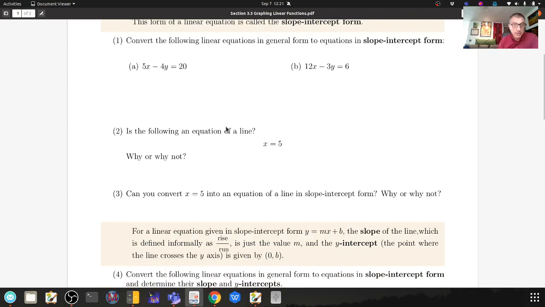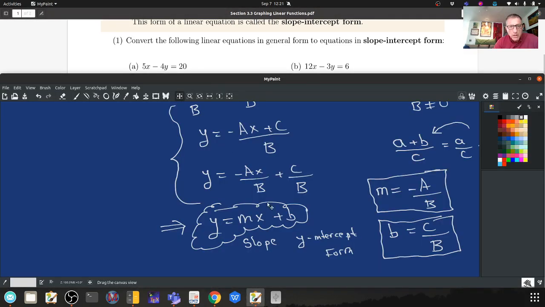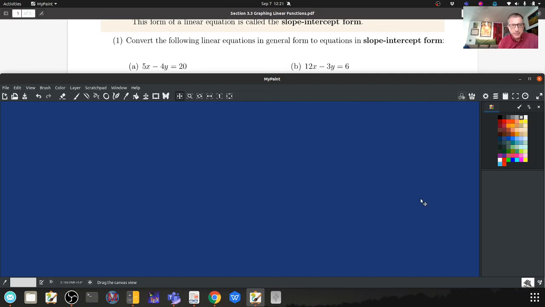So here we're literally going to convert the following linear equations in general form to the slope-intercept form. So let's go ahead and do that. So remember, we're given an equation. This is 1a, 5x minus 4y is equal to 20.